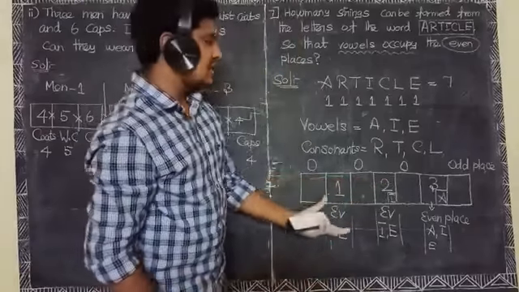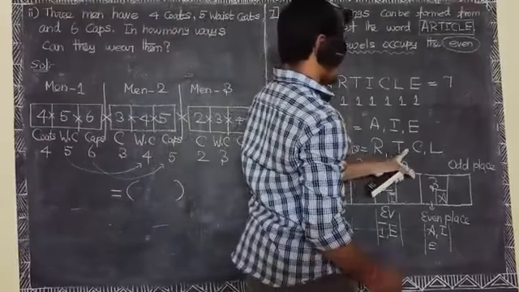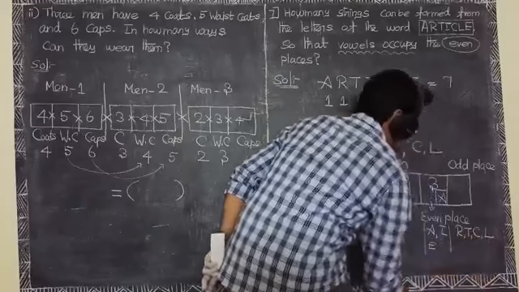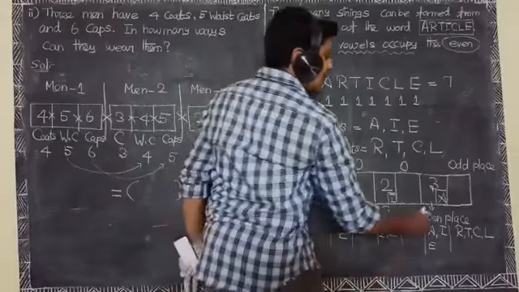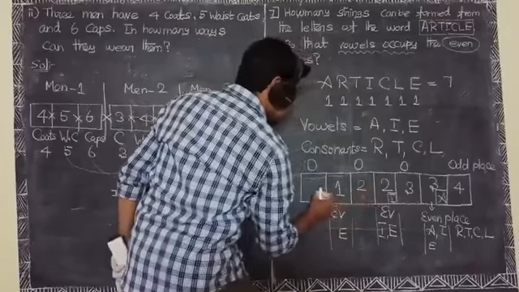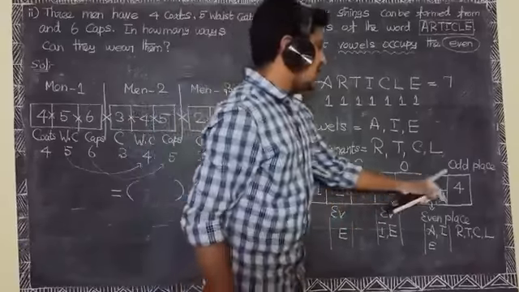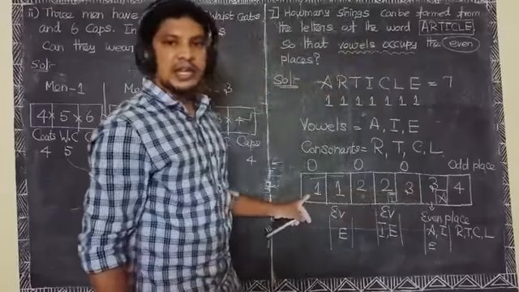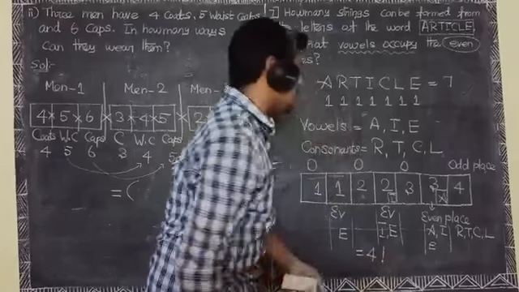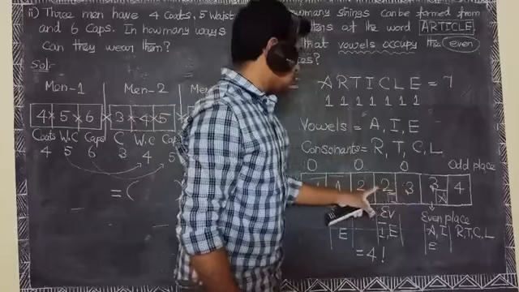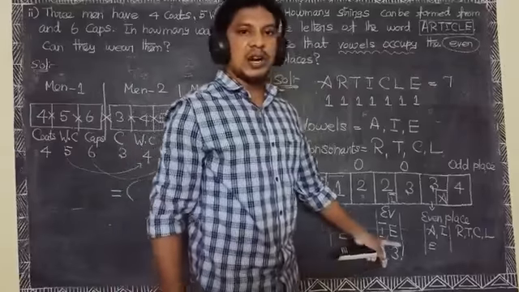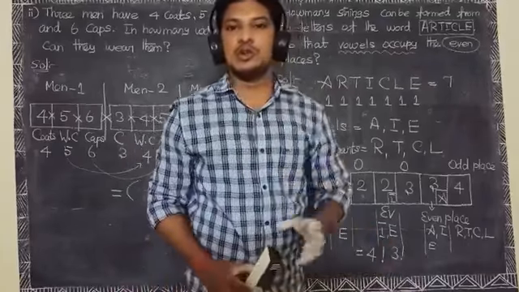Then the remaining consonants are R, T, C, L: 4 chances, 3 chances, 2 chances, 1 chance, that is 4 into 3 into 2 into 1, which is 4 factorial. The even places give 3 into 2 into 1, that is 3 factorial. The product of 4 factorial and 3 factorial gives the required solution.